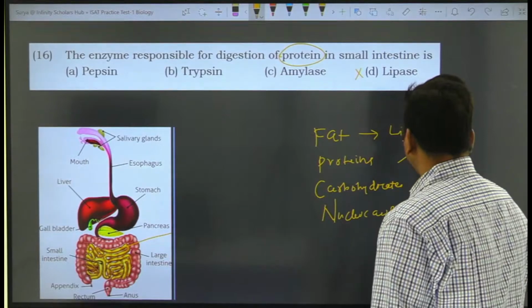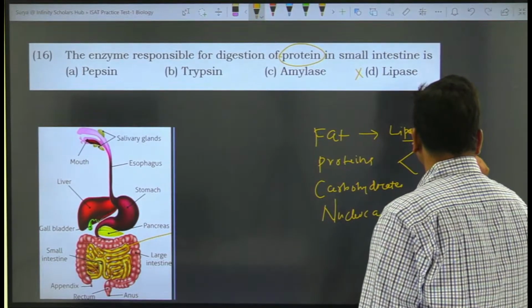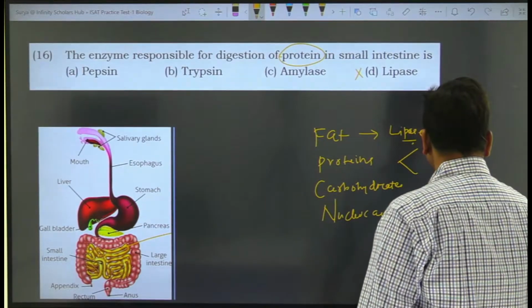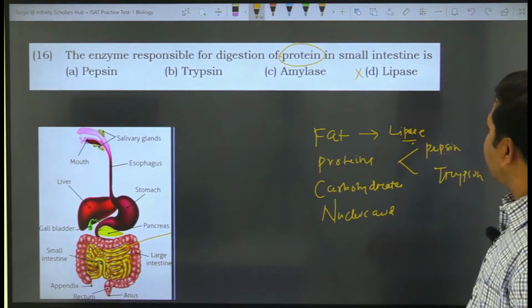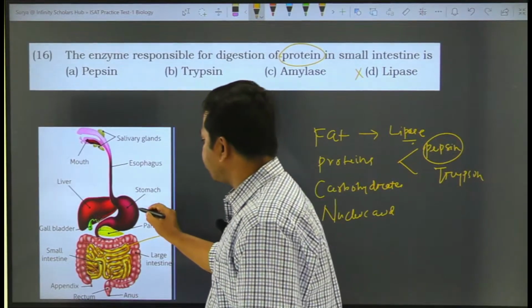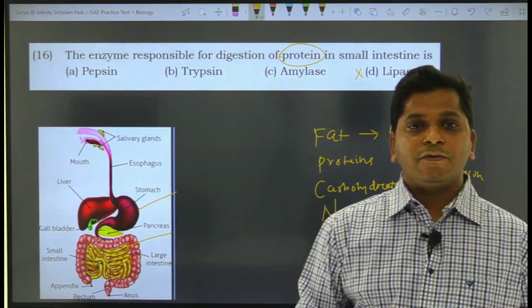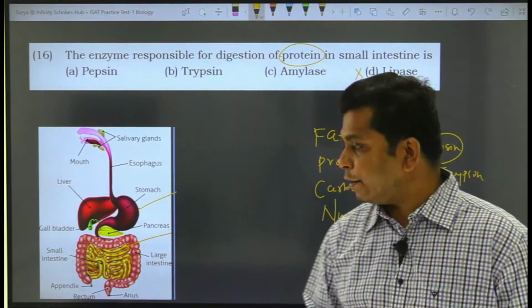One enzyme is called pepsin, the other enzyme is called trypsin. Pepsin is present in the stomach, where the proteins are digested into smaller fragments of protein which are called peptones or peptides.